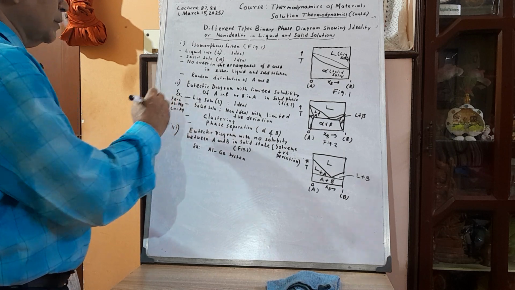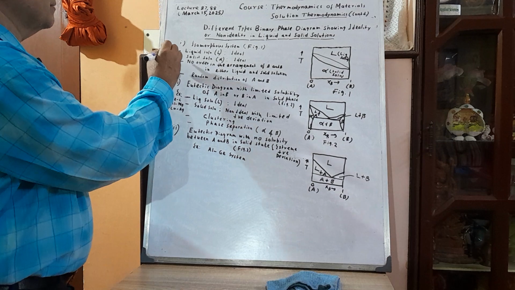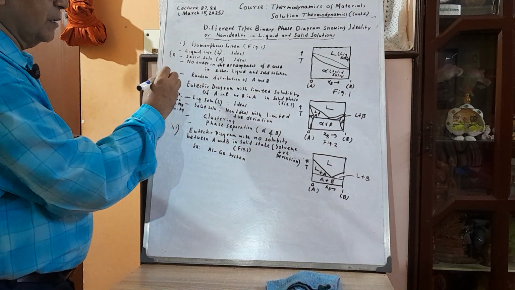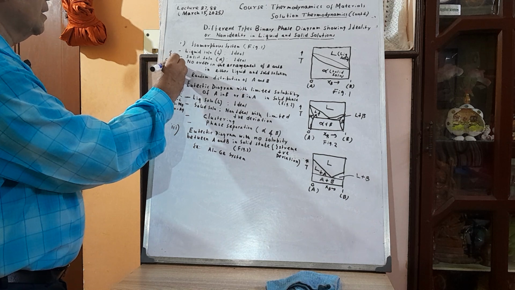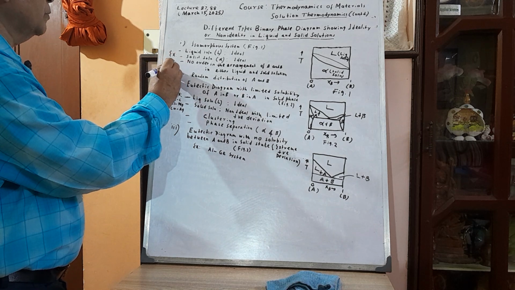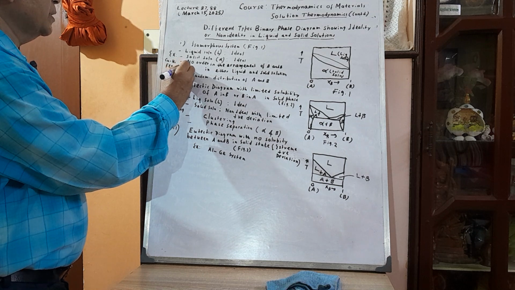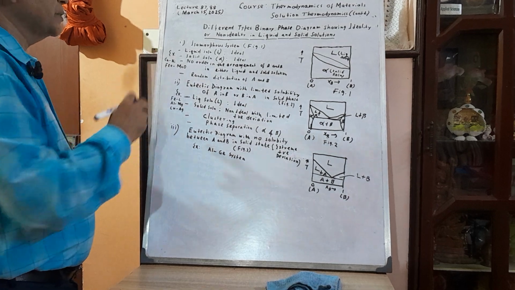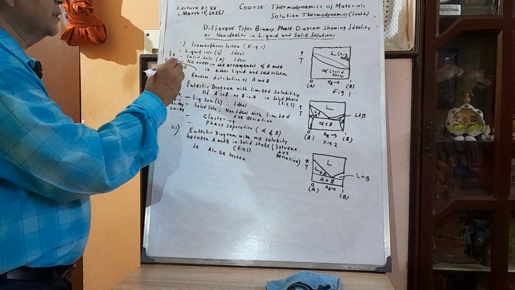There are others also, but these three I gave you here. For this example, copper nickel, FeO MnO to a great extent. These are oxide phases, the slag phase or oxide phase. This is the metallic phase. These two examples.